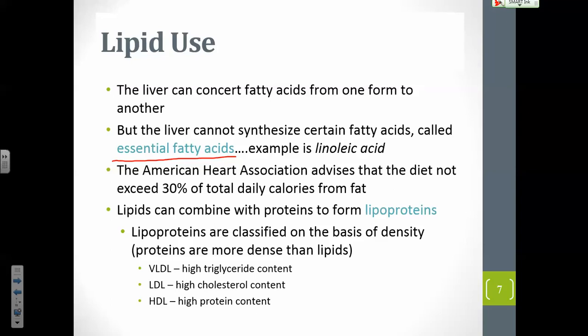Okay. All right. Many of us get way too much fat in our diet, but here's the recommendation: not more than 30% of the calories daily come from fat. You might want to look at food labels and be shocked. But now this is important to me.